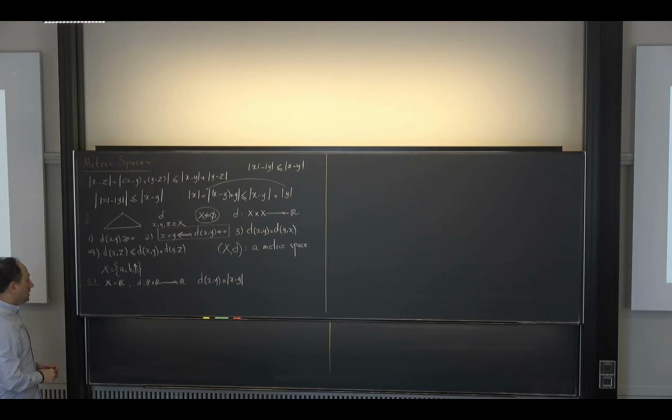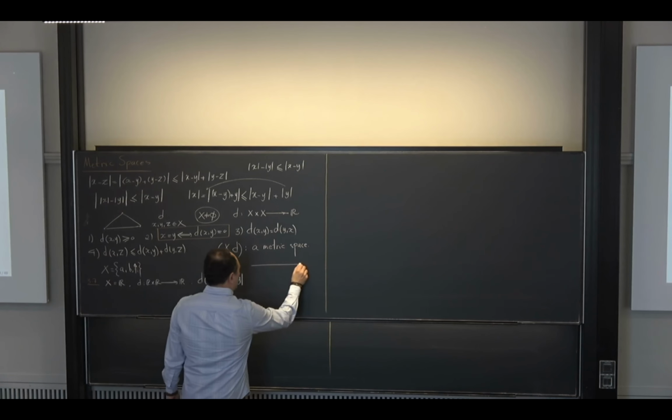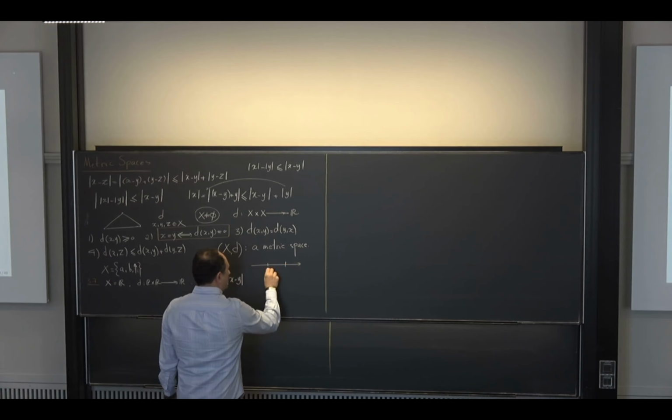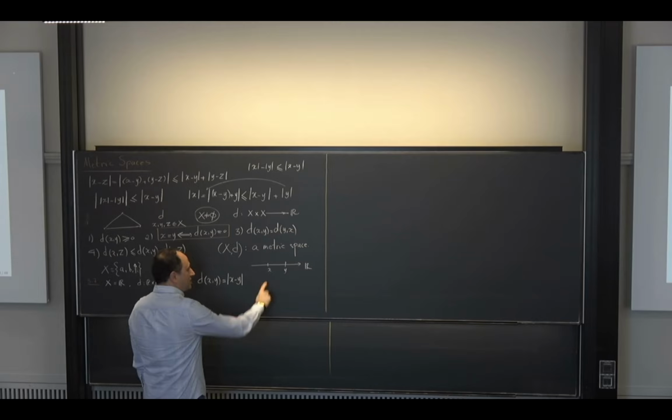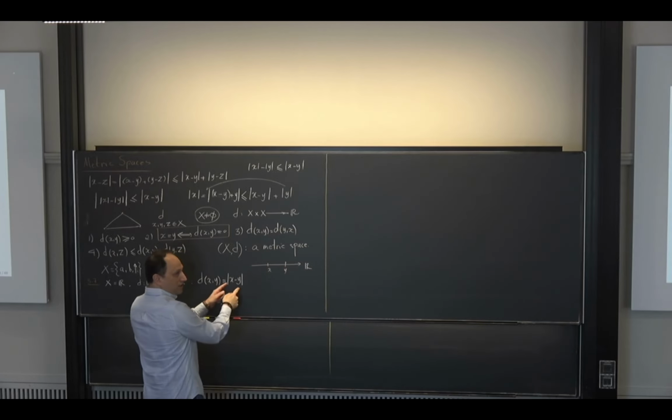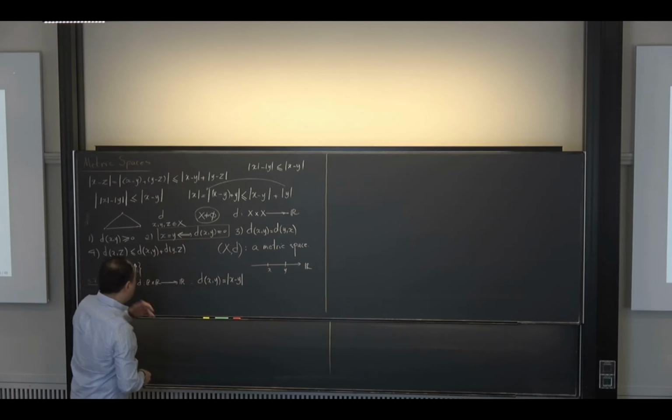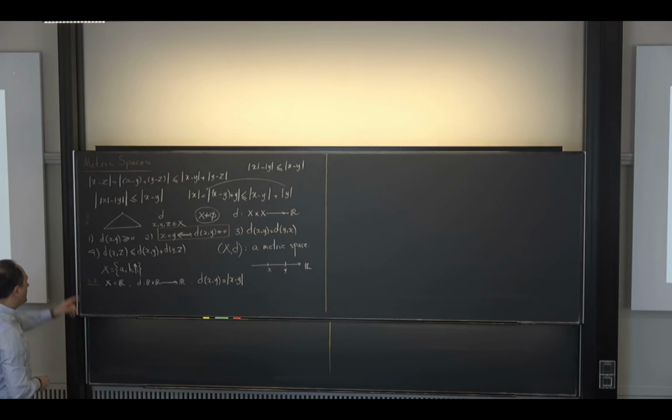Okay? So we want to show that this function is a metric. And this is not surprising because that is the same usual distance in R. So if I give you this and I give you 2 points x and y on the R axis, and I ask you what is the distance between them, you can exactly calculate this. But if I want to do it abstractly, I have to check all 4 properties. Why is this a metric?